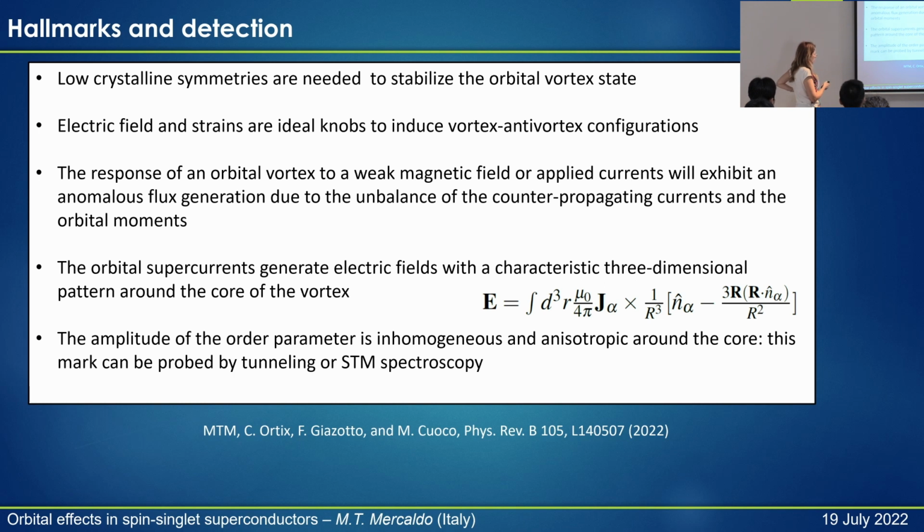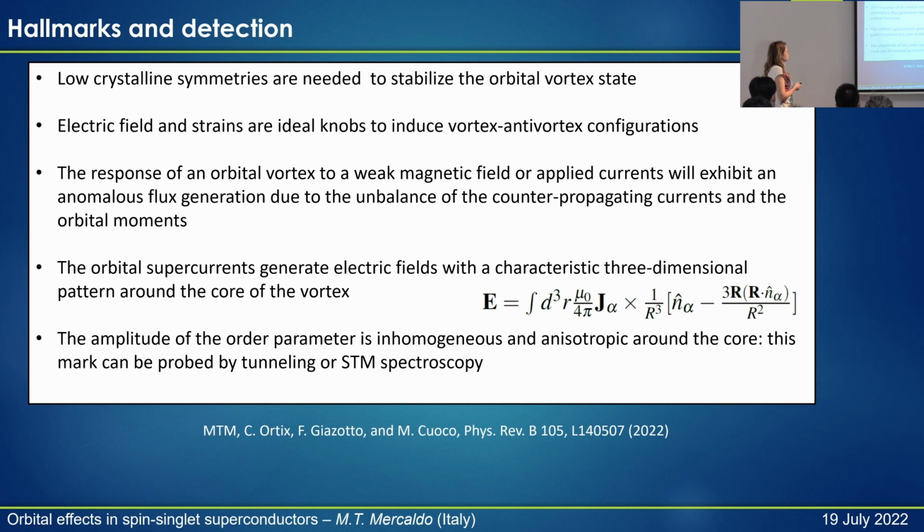But how can we detect all this? Well, if we apply a weak magnetic field, then there will be an imbalance of the counter-propagating currents, and so there can be an anomalous flux that could be detected with a SQUID.